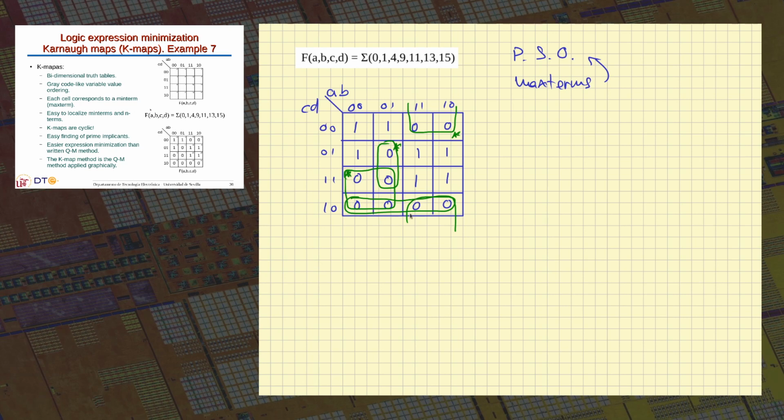So this prime implicant we have here is not essential, and actually it's not necessary because these zeros are already covered by this prime implicant that is essential, and these zeros are already covered by this prime implicant. Okay, so we will only need this one, and this, to build the minimal expression for the function.